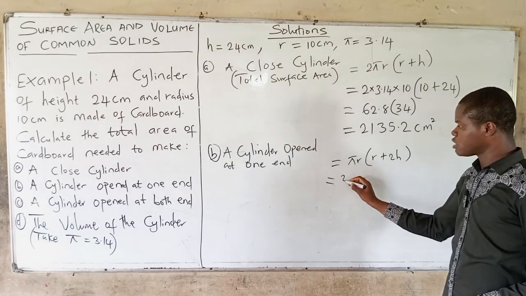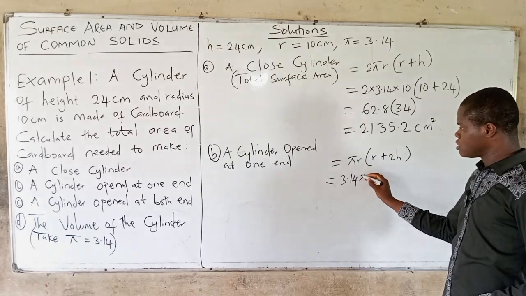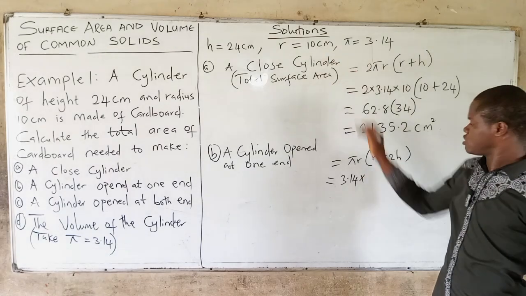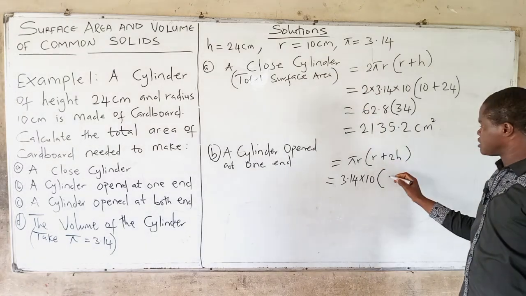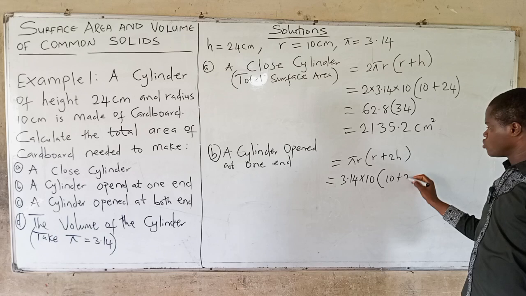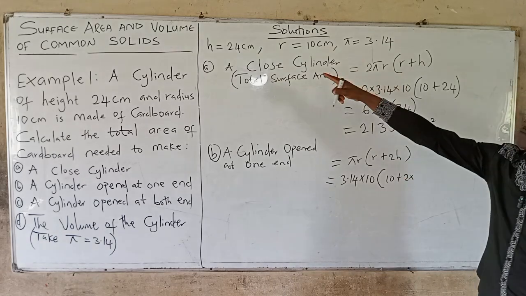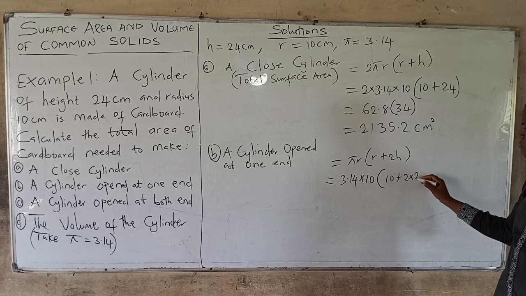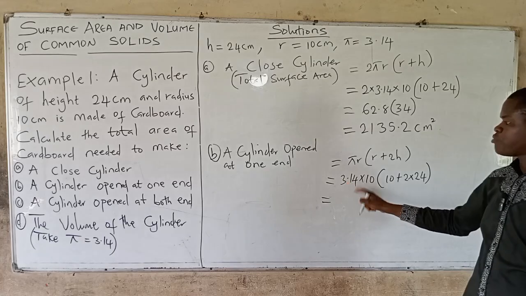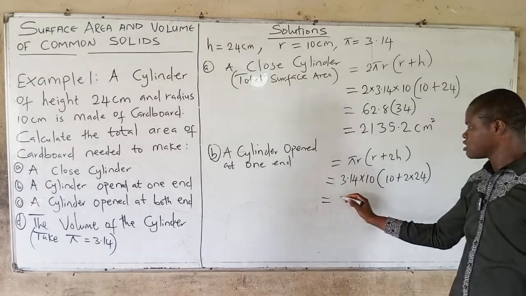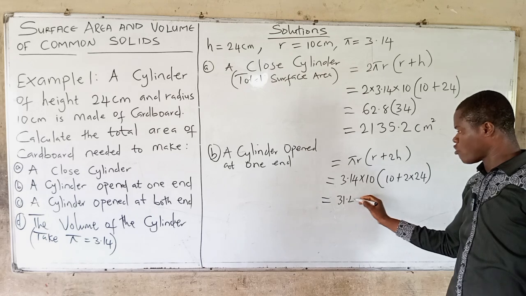Pi is what? 3.14 times r is what? 10. Open your bracket. R is what? 10 again, plus 2 times h is what? 24. So this is equal to 3.14 times 10, which will give us 31.4.